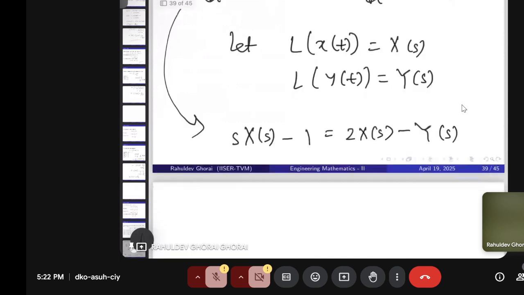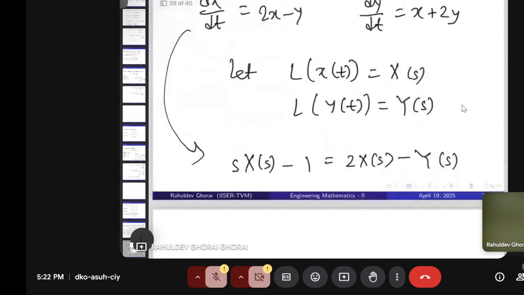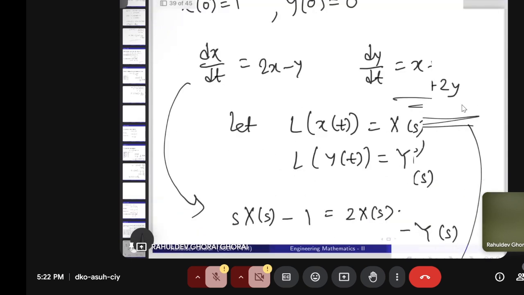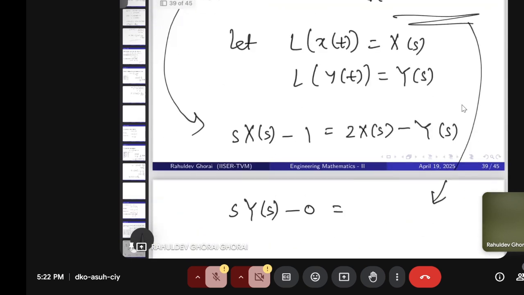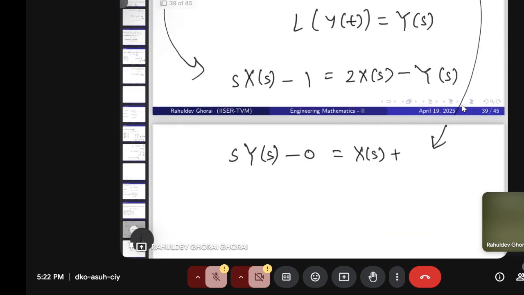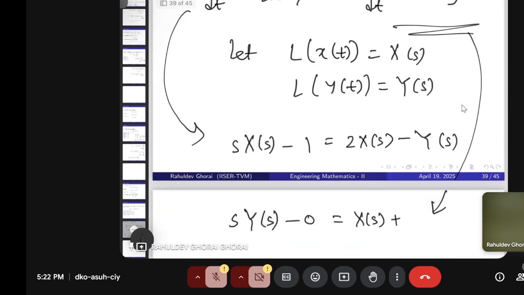Now dy/dt, if you use Laplace transformation here, will be s times Y(s) minus 0, that is equal to X(s) plus 2Y(s), right?